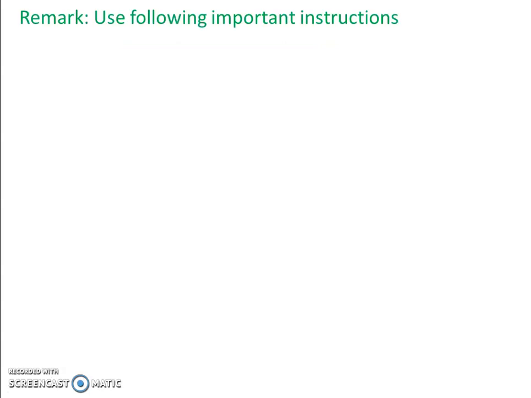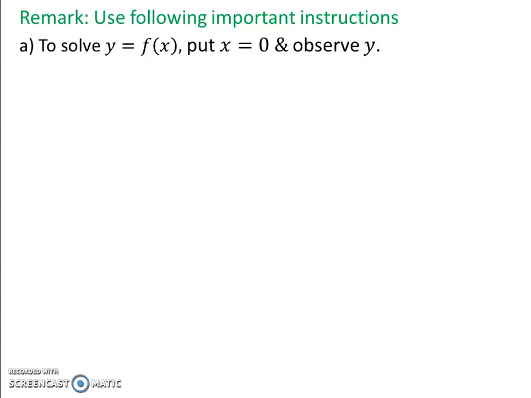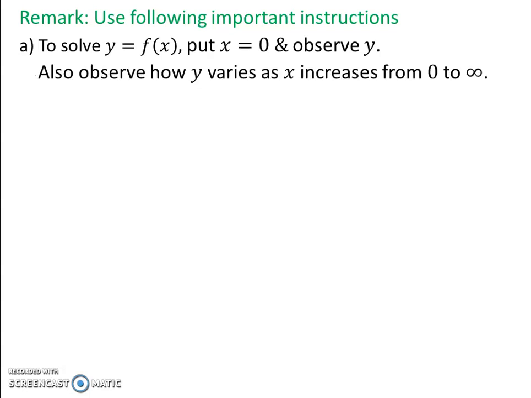So let us see some important remarks while drawing the curve trace of the first type, that is Cartesian form. First, to solve y equal to f of x, put x equal to 0 and observe y. Then also observe how y varies as x increases from 0 to infinity.